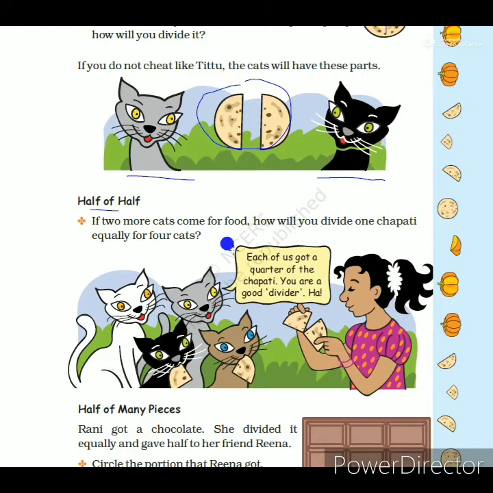So if we divide equally among these cats, we can give each cat 1/4. That means we have to take this half and fold it again into equal parts. From that creased line, we can cut the chapati into equal parts. After that, finally we will get four parts. And this way we can divide the half of half to each cat.